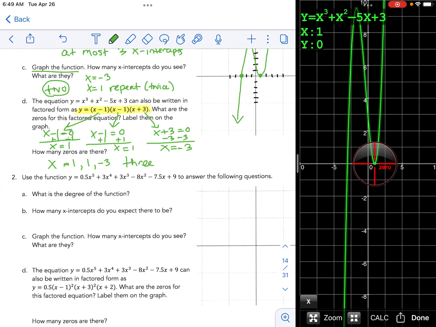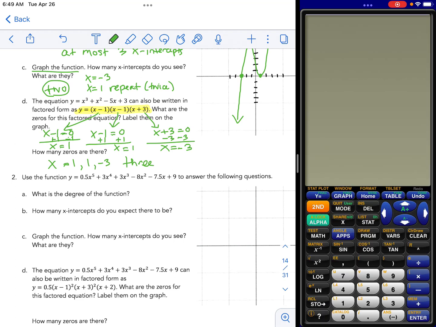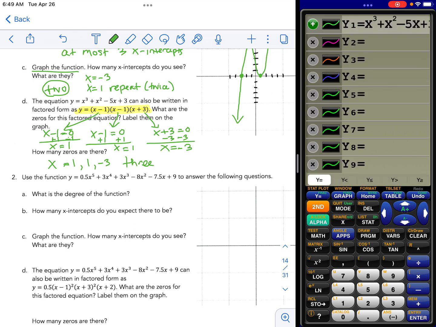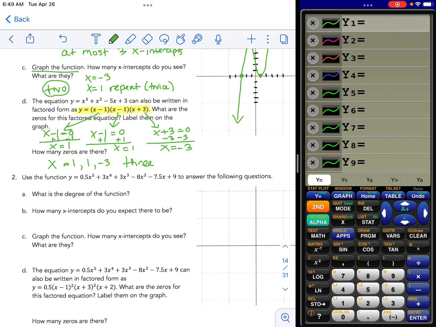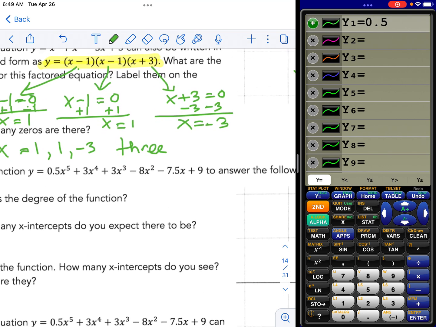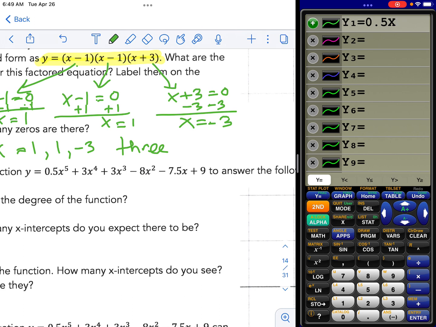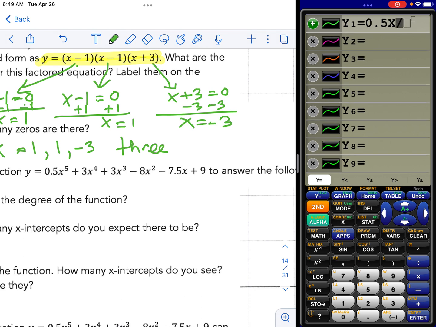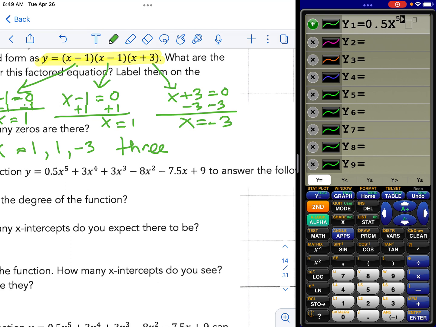Okay, so let's take a look at this next one. So we're going to graph this one. We have 0.5 x to the 5th, plus 3x to the 4th.